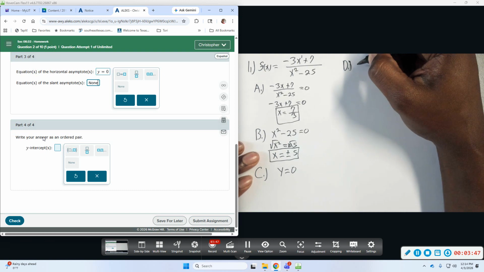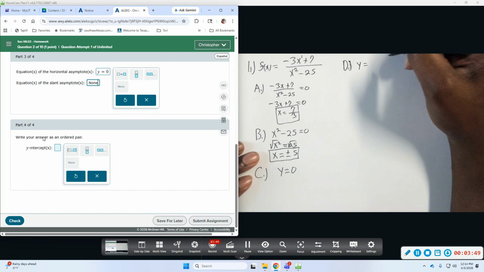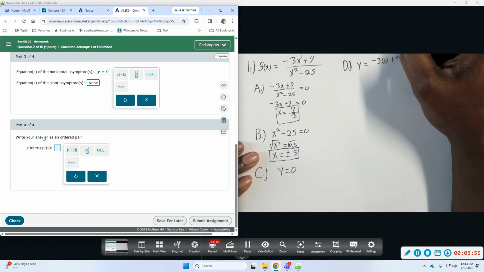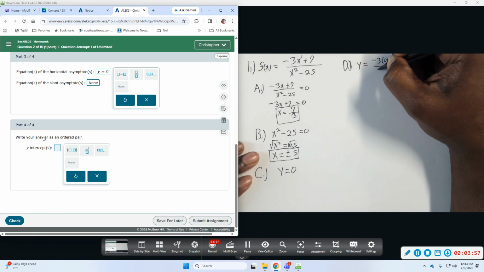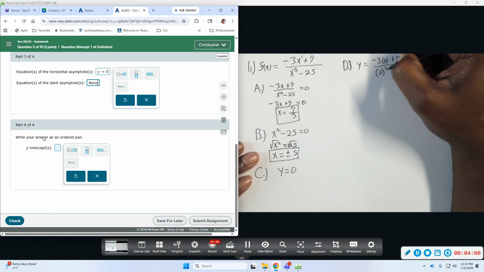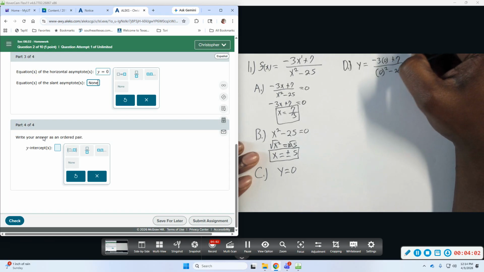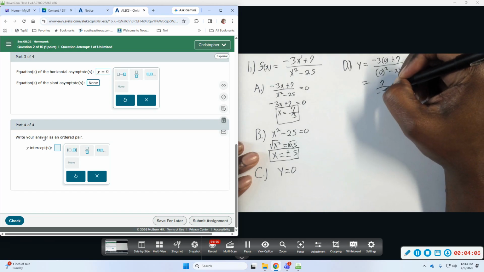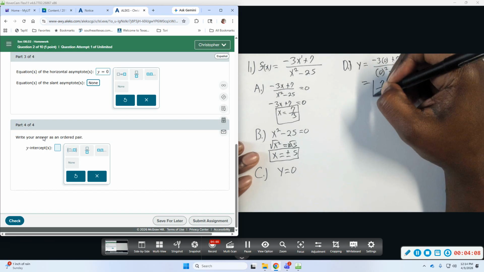We're going to plug in a 0 for x. Negative 3 times 0 plus 7 over 0 squared minus 25. This will give us 7 over negative 25, and that will not reduce.